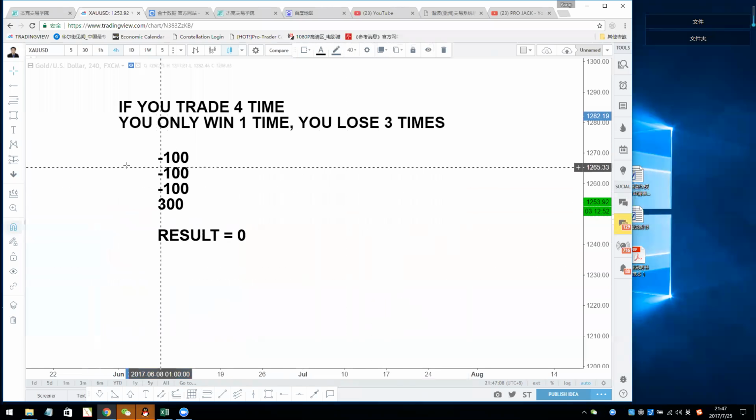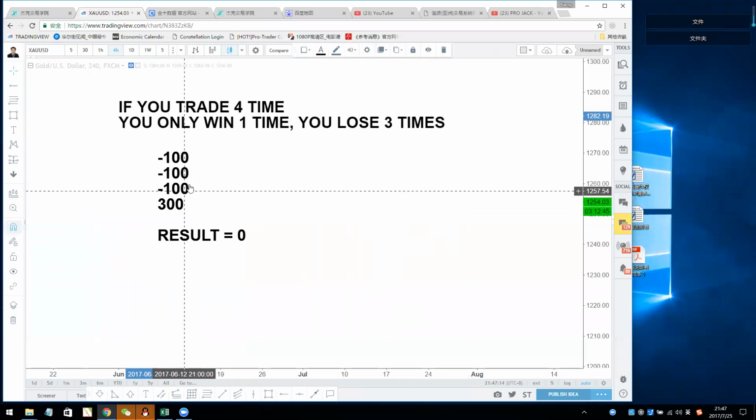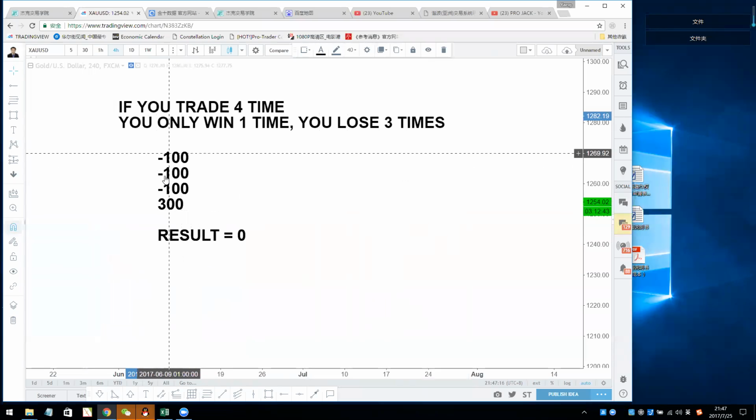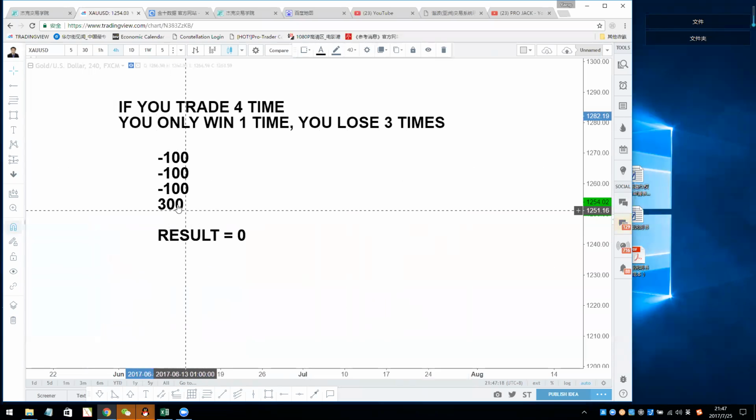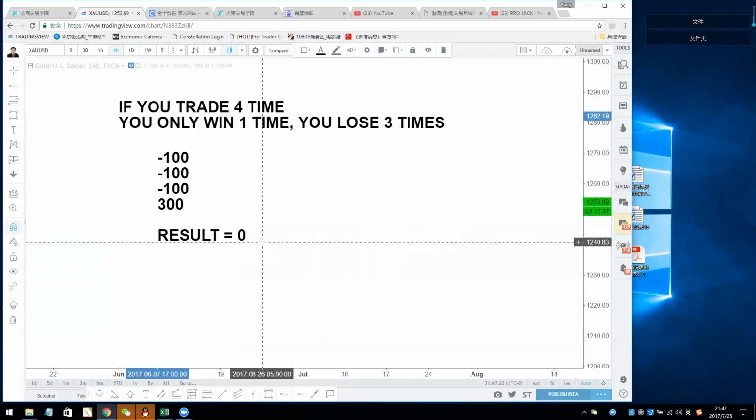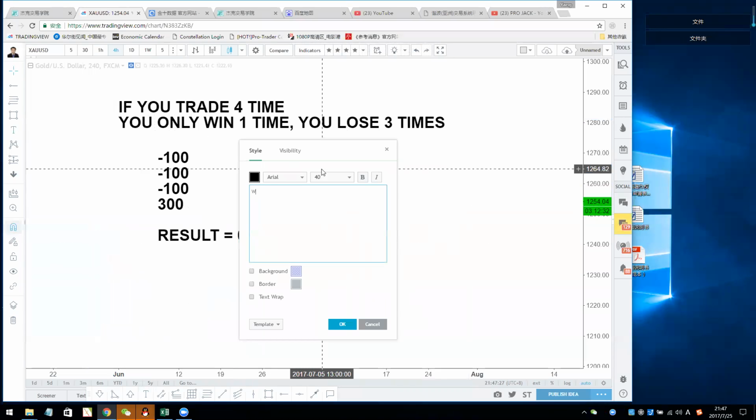You actually break even. What is your winning ratio? Your winning ratio is only about 25%.